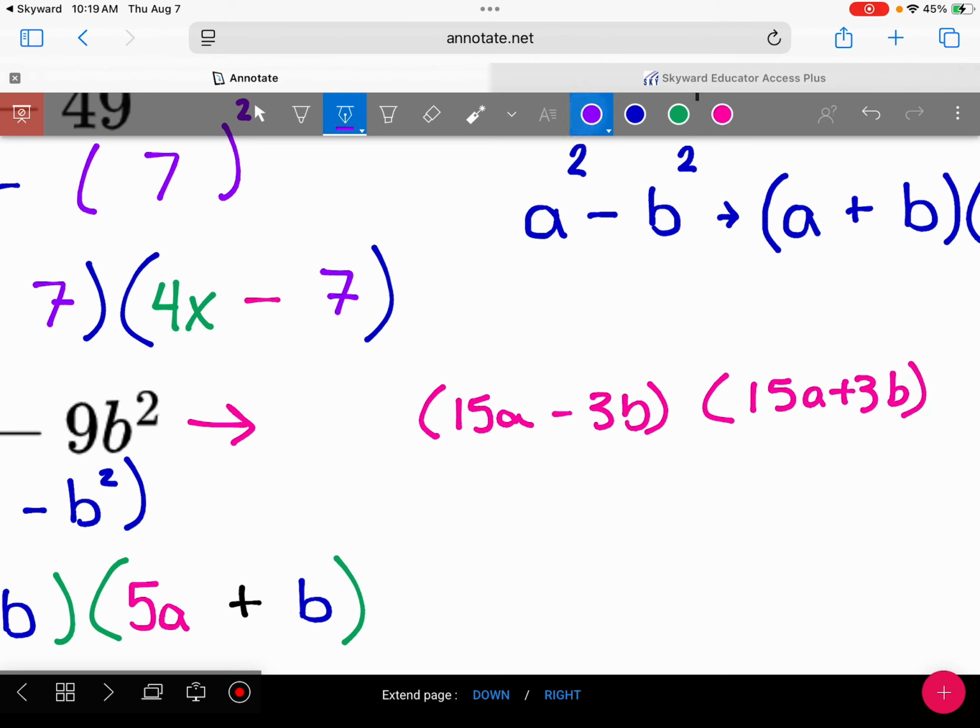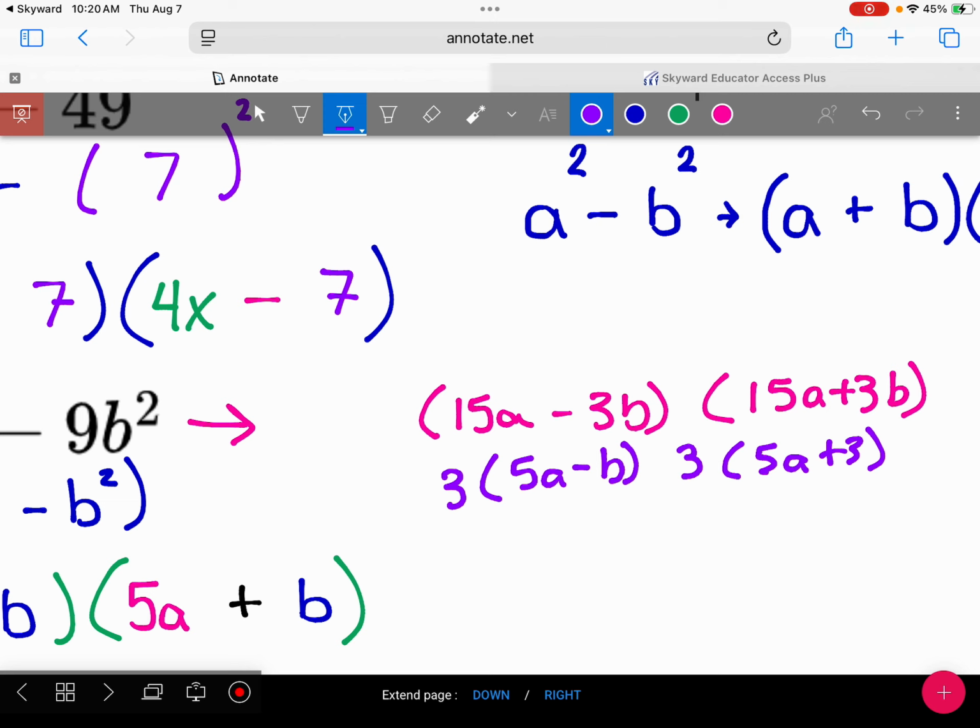So I would need to factor the 3 out to get our 5a minus b, and then we'd have another 3 coming out of this one to get a 5a plus b. So you'd have to factor again. If we then multiply those together, we get exactly back to what we had down there. So you can do it. You just have to double check and see if there's another factoring you need to do.